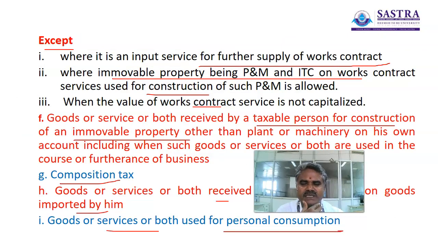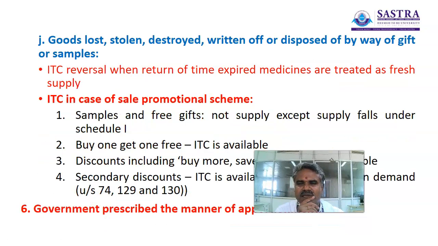Goods or services or both for personal consumption. You buy goods or services or both for your own consumption, personal consumption: no ITC. But when you buy goods or services for business, you can claim ITC. So personal consumption, no ITC. Goods lost, stolen, destroyed, written off or disposed of by way of gift or sample, no ITC.